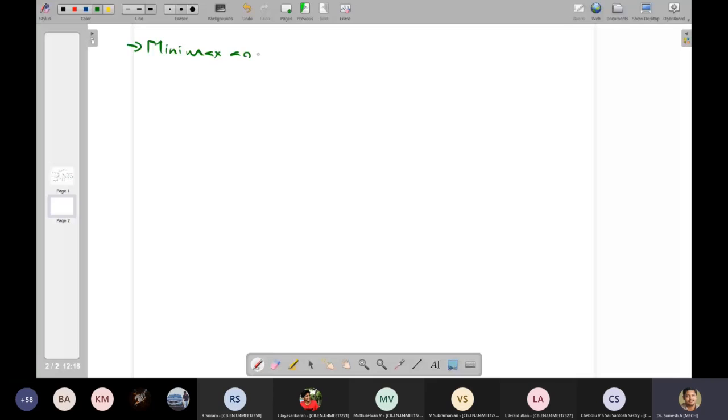So minimax or maximin principle. You know what is minimax and you know what is maximin. The minimum element and maximum element selected for each column is called minimax. We have already seen that. Now the next term is called saddle point.